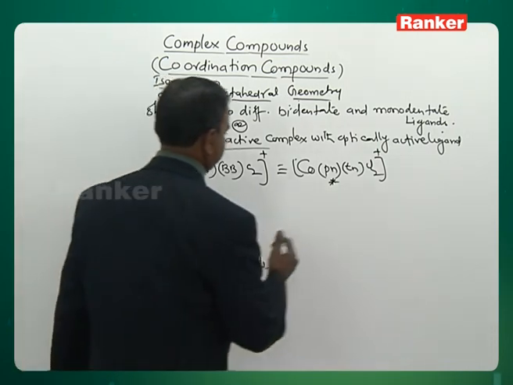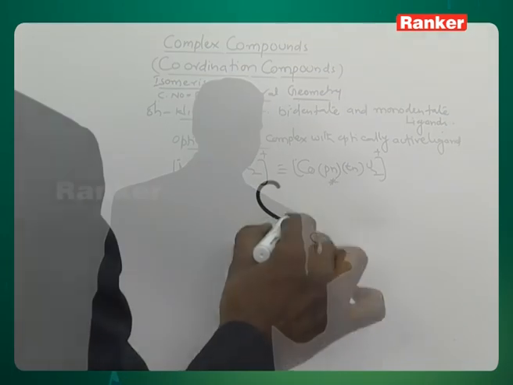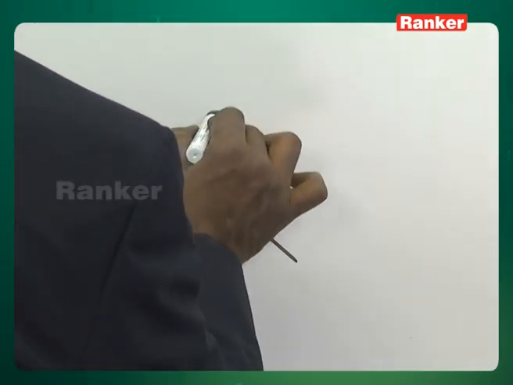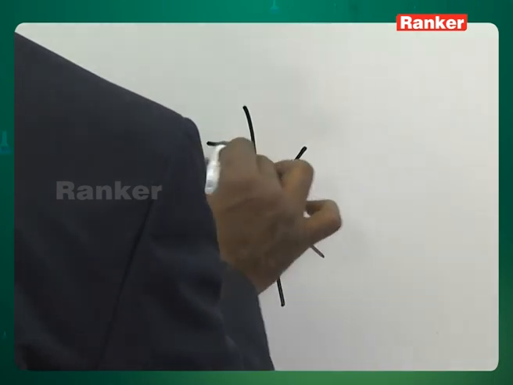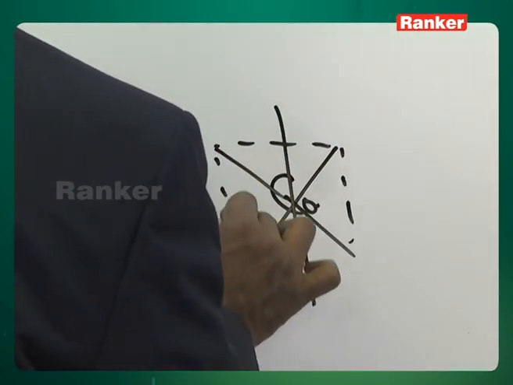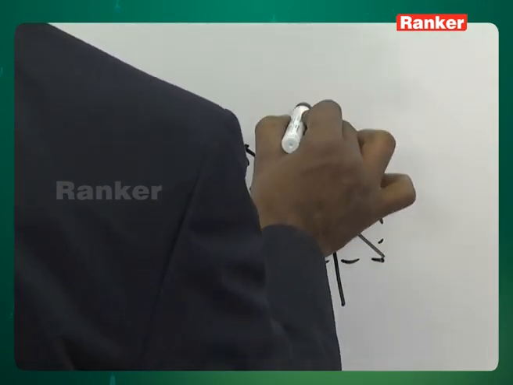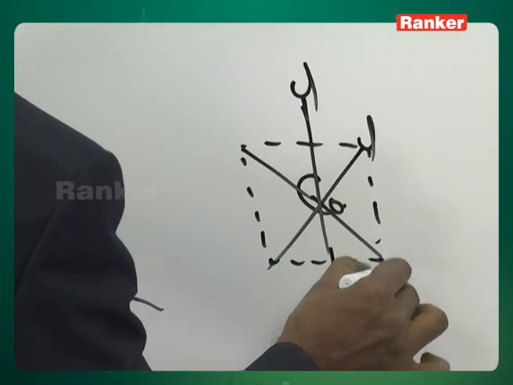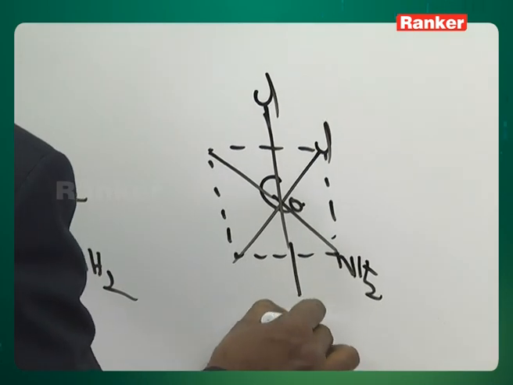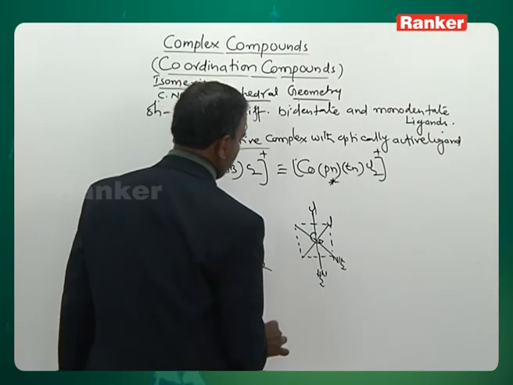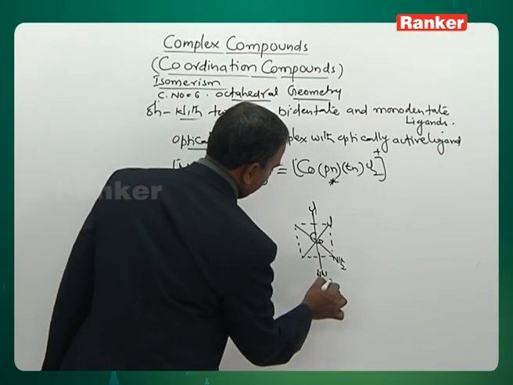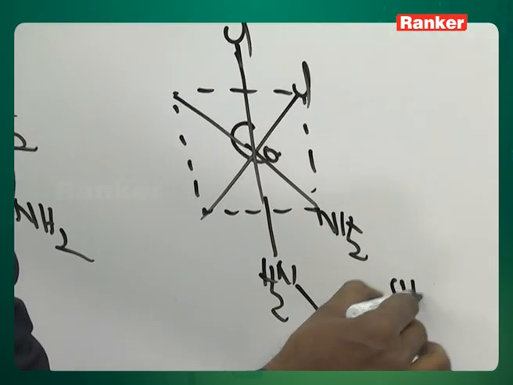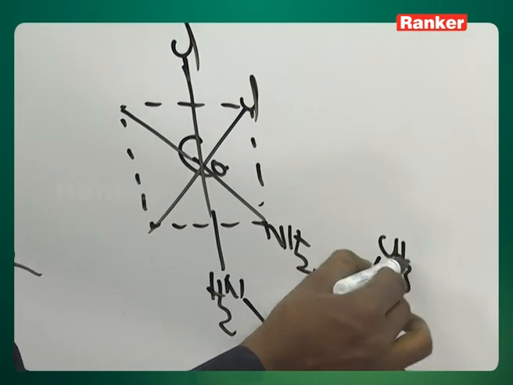Take the cis. Let us write one is pn and tn, CH2, CH3.